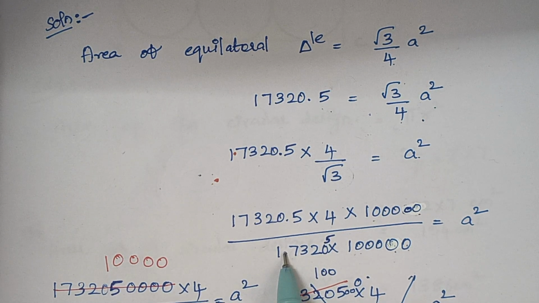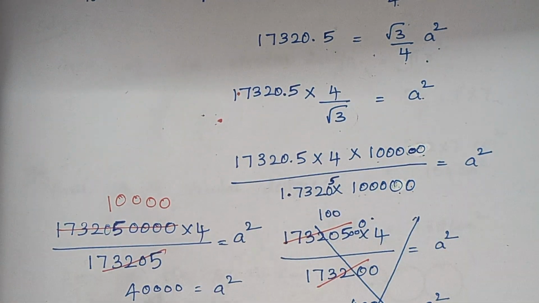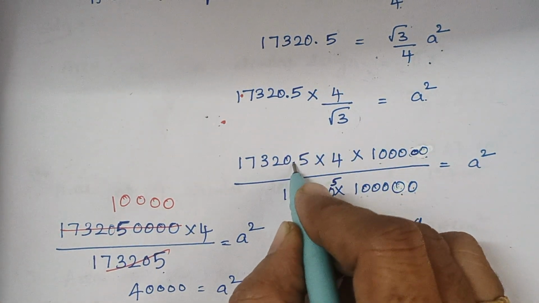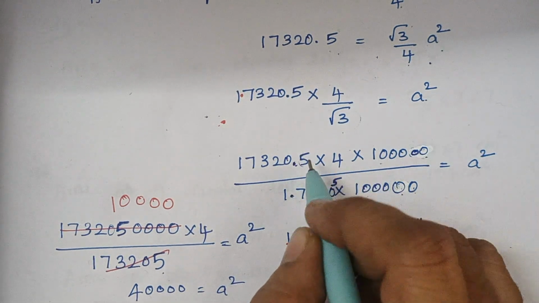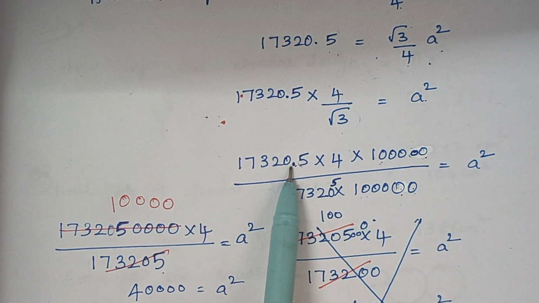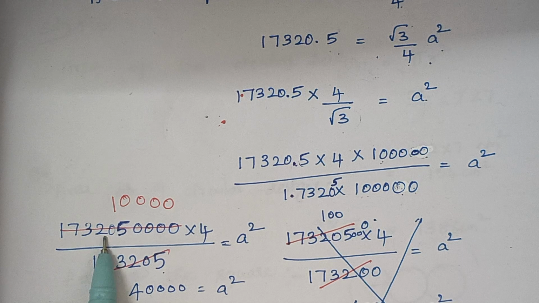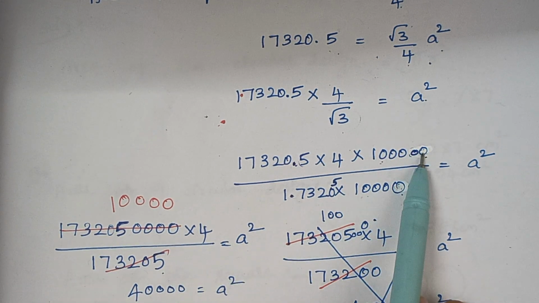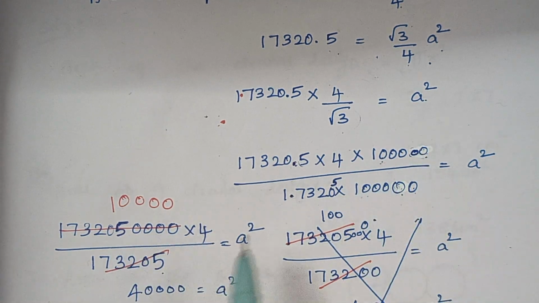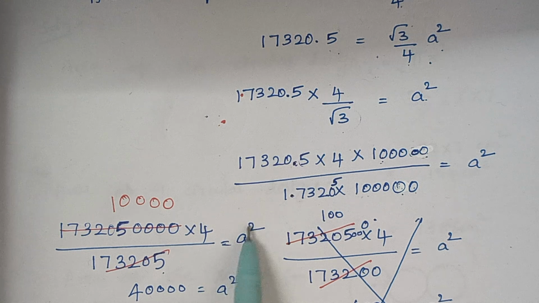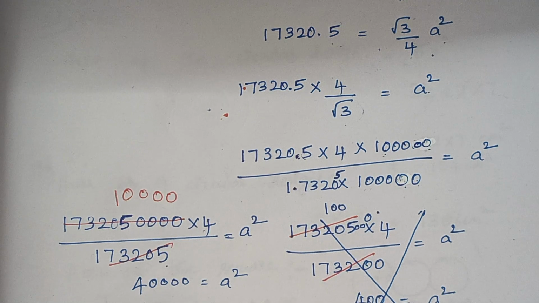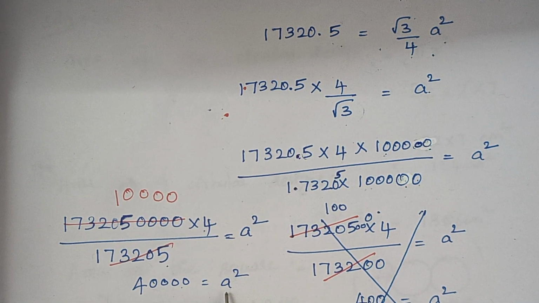This dot gets eliminated, so I have 173205. After the dot there was only one digit remaining, so there will be 4 zeros at the back. So it is 173205 with 4 zeros into 4 equal to a square. Here 1 with 4 zeros into 4 is nothing but 4 with 4 zeros, equal to a square, right?